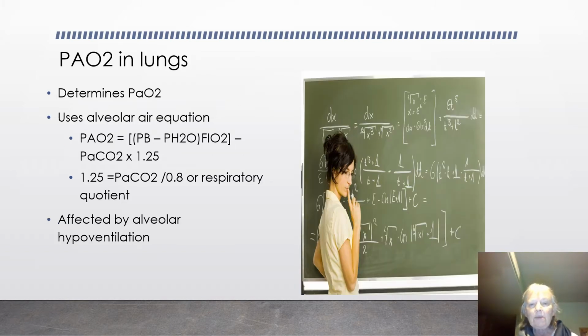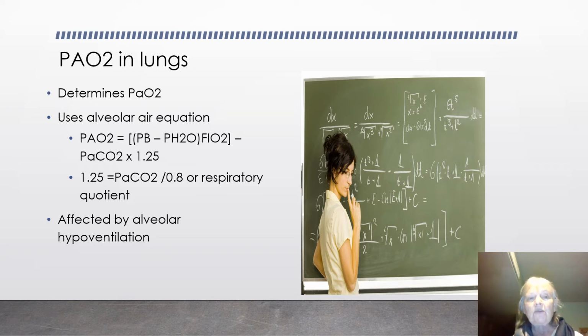So there it is, the PAO2 in the lungs. It determines what's available to go into the PaO2. And we've seen this formula before. Remember that your PH2O, your 47 millimeters of mercury, has to be removed when we're doing alveolar oxygen, okay? Remember, if you're just doing the ambient air, the 47 stays in the formula.